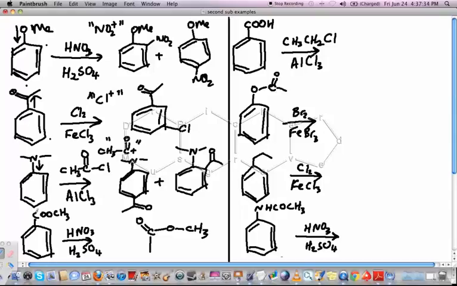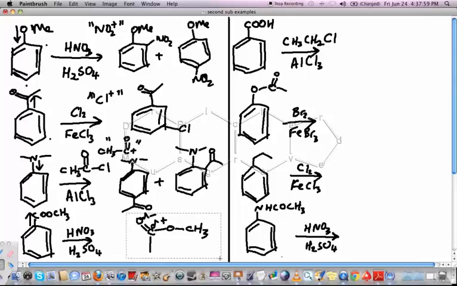So this C is obviously this C right here. So we can say that's going to be delta minus, which means that this is going to be delta plus, and since this is delta plus, we know it's going to be deactivating, so electrons are going to be pulled out of the ring. And if that's the case, then we're looking at a meta product.